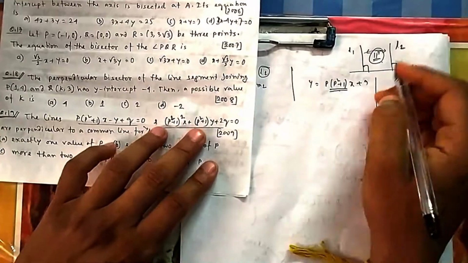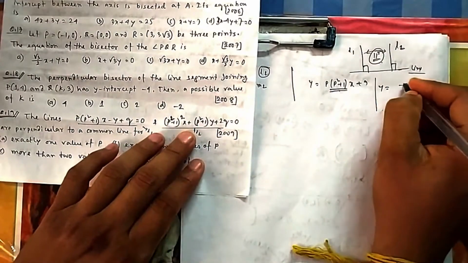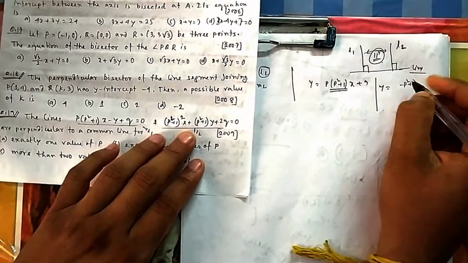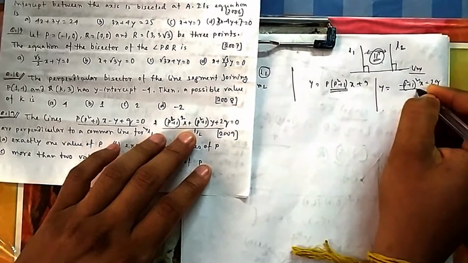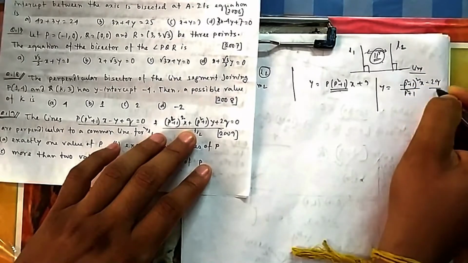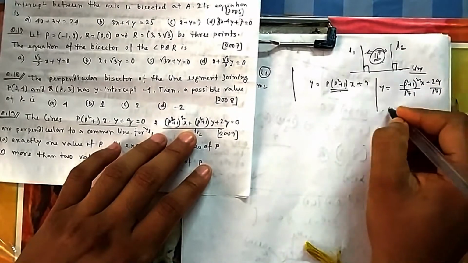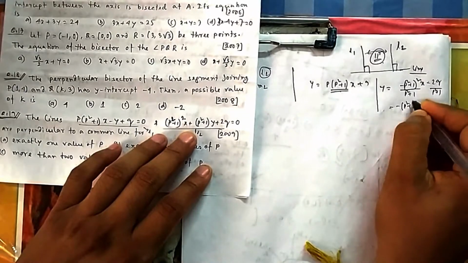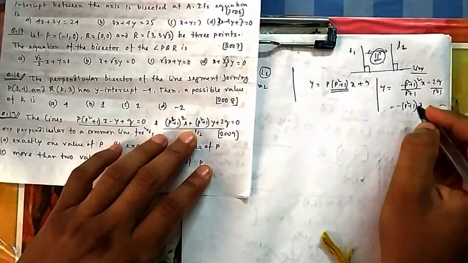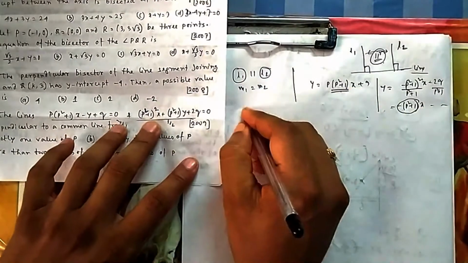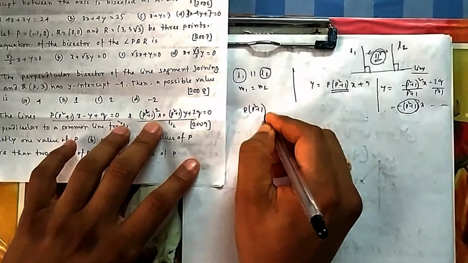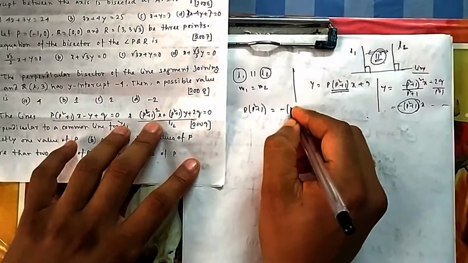Similarly, if you keep y on one side, it will be minus (p square plus 1) whole square x minus 2q divided by p square plus 1, and so on. So this is your M2. So M1 and M2: p into (p square plus 1) should be equal to minus (p square plus 1).